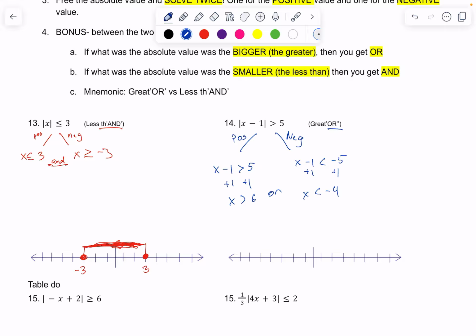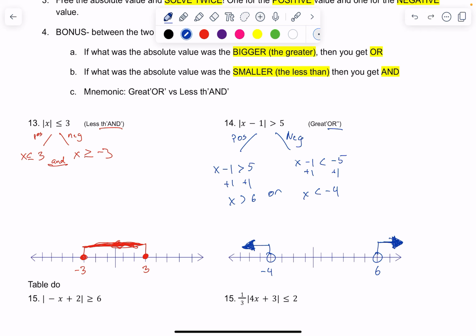At 6, 1, 2, 3, 4, 5, 6, 6 is here, open, and it is greater. And over here it is -4, and it is less than. Either anything on this side, or anything on this side, will satisfy one of them, and thus it will make this statement true.